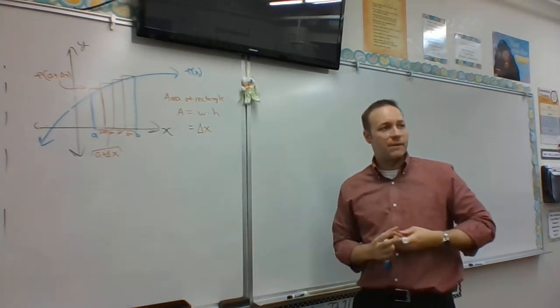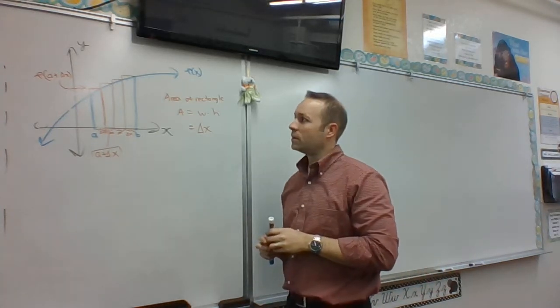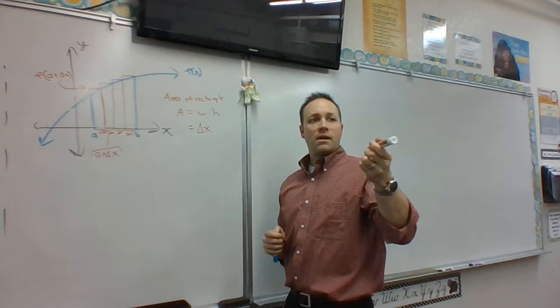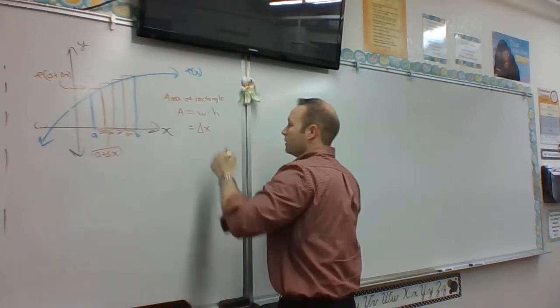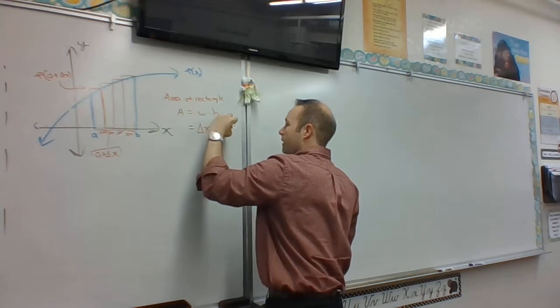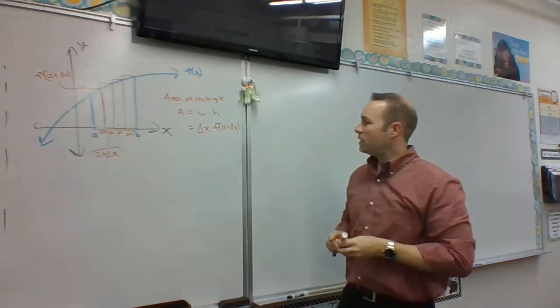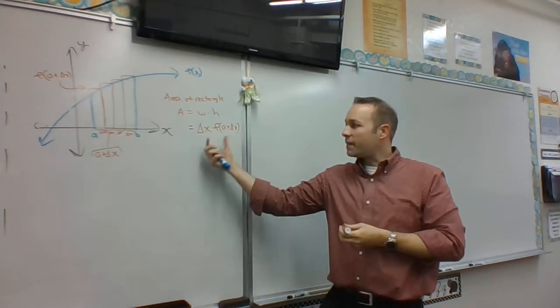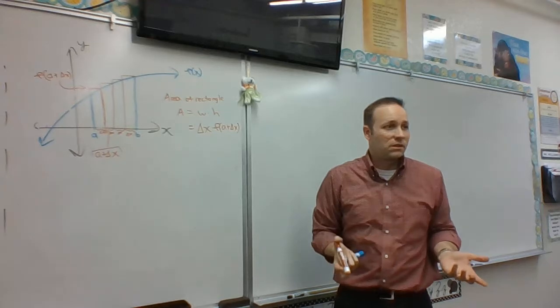What's the height of that rectangle? Is it f of a plus delta x? It's that value there, times f of a plus delta x. Now, if we do these, we get the area of that first rectangle.